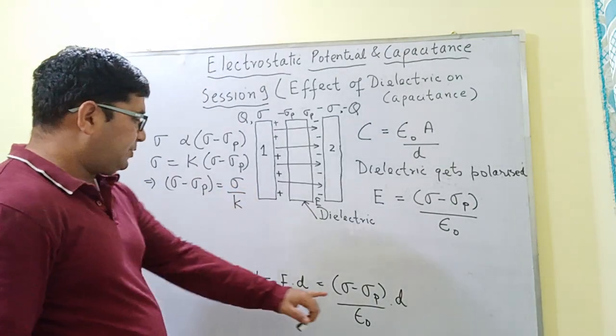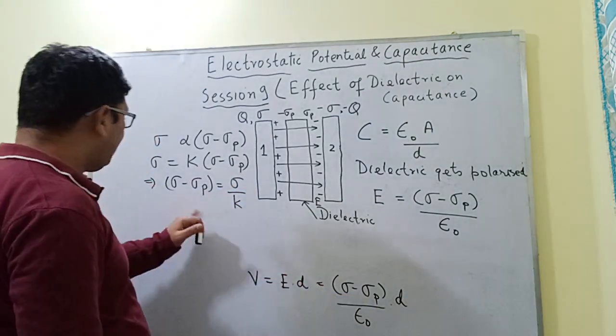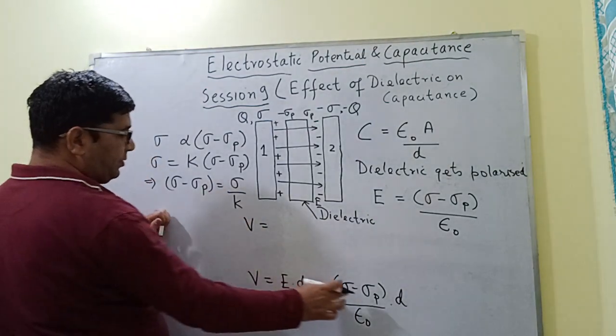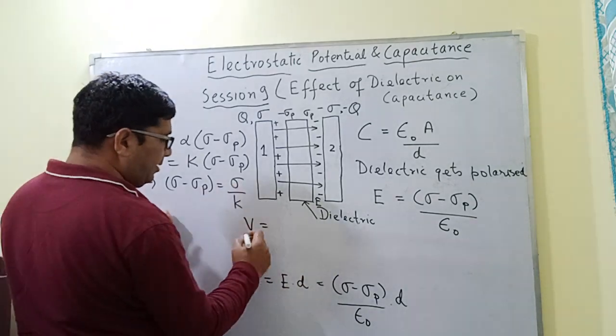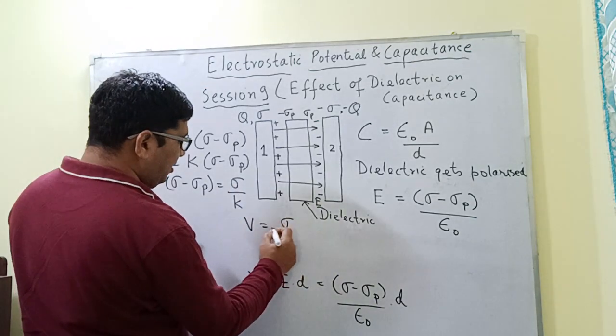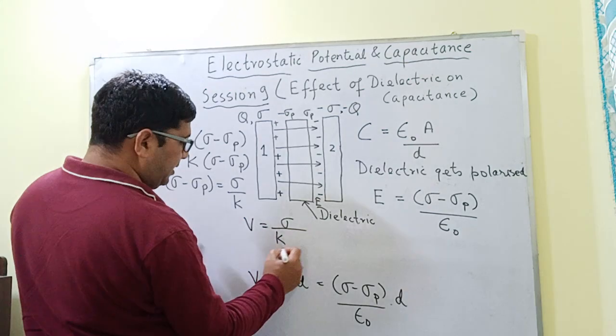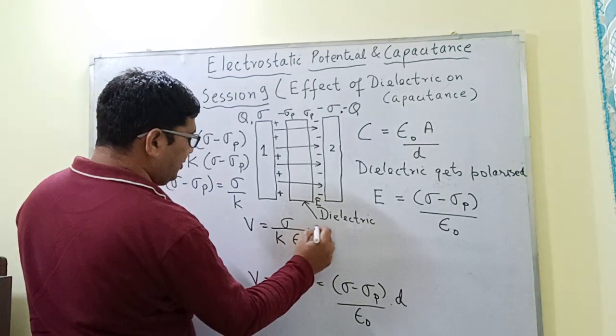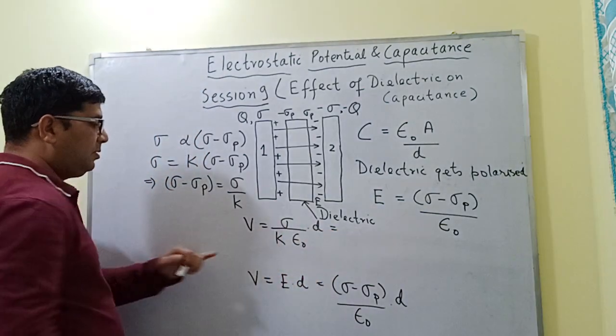So I am substituting sigma minus sigma p by sigma divided by k, and we can write V as sigma divided by k epsilon naught, into d.